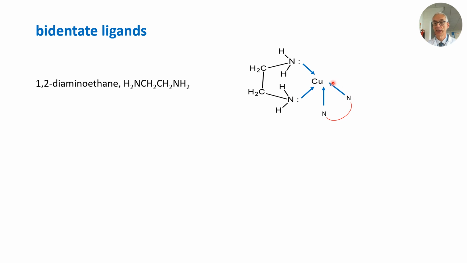So we'll see again a lone pair of electrons donated, two coordinate bonds formed by the one molecule, and then we have a third bidentate ligand to allow for 1, 2, 3, 4, 5, 6 coordinate bonds around the central metal ion, which I haven't written down, it's actually a copper 2+ ion.